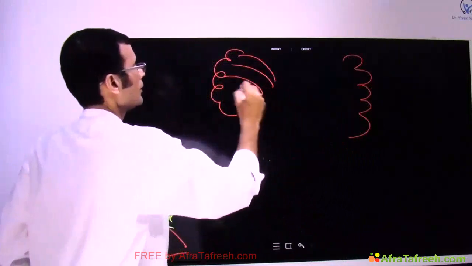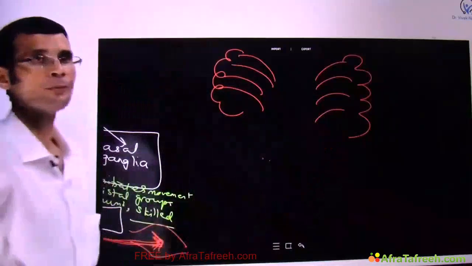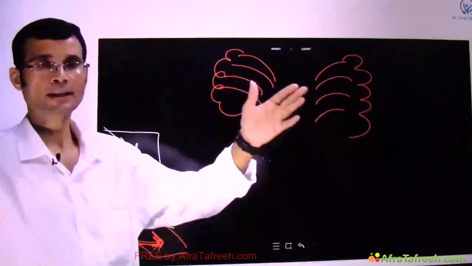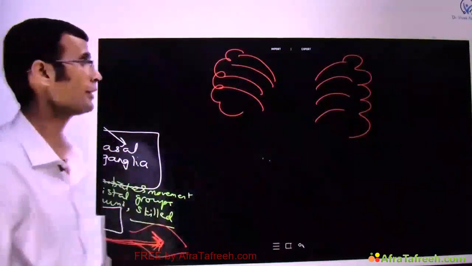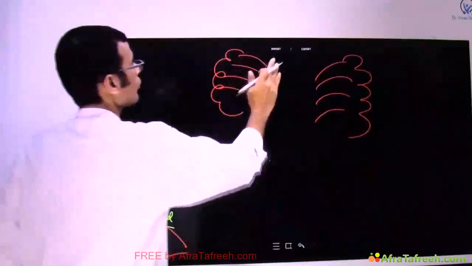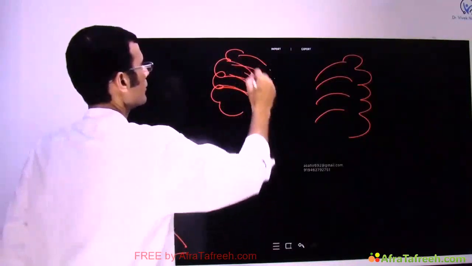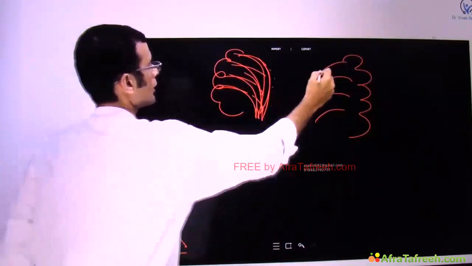They arise from all these areas that I mentioned just now: 30% from area 4, 30% from area 6, 40% fibers from the sensory cortex, and then they converge and make a bundle to start running down.